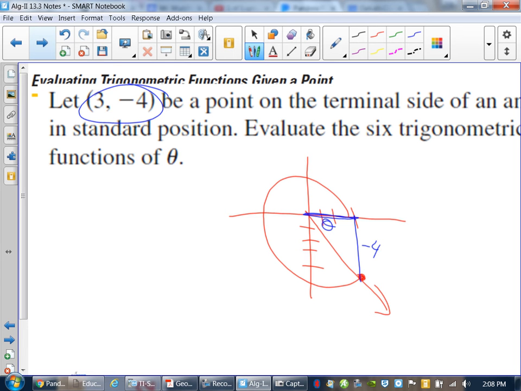So I'm looking at the -4, that's my y value. My horizontal one was my adjacent, and that's 3. What's my radius? 5. 3 squared plus -4 squared is 25. It's one of those silly triples, isn't it? Yeah. So it's 3, 4, 5. Is it not negative 5? What's -4 squared? It's positive.